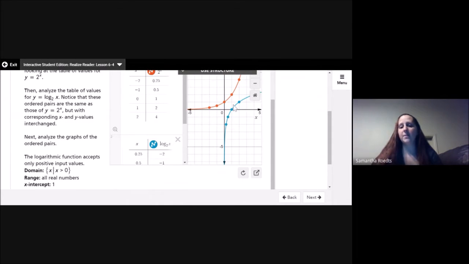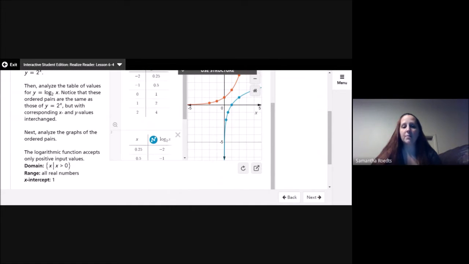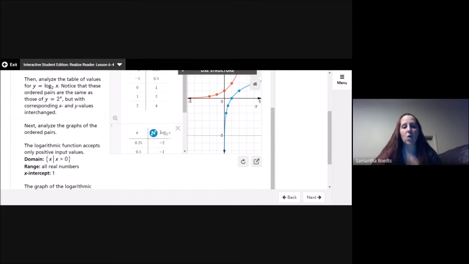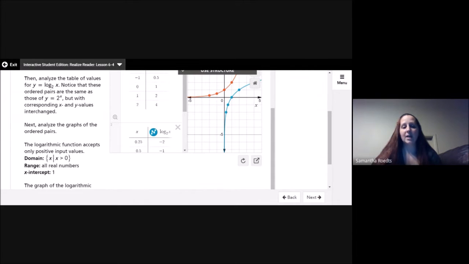So if I look at the red graph versus the blue graph, the logarithmic function accepts only positive input values. So my domain is x, where x is greater than 0. My range is all real numbers. The x-intercept is at 1. So right here you can see the x-intercept.